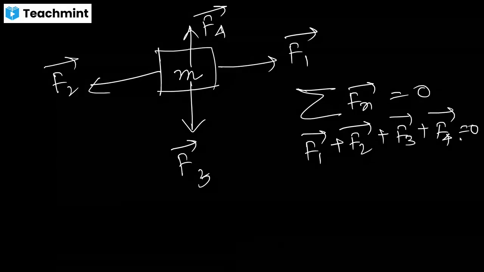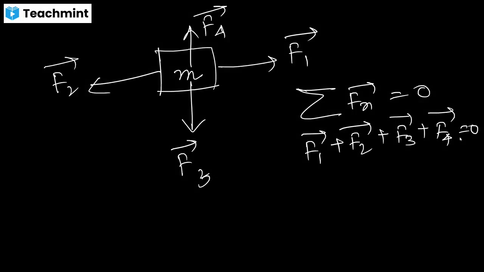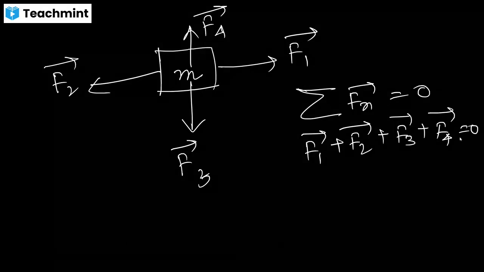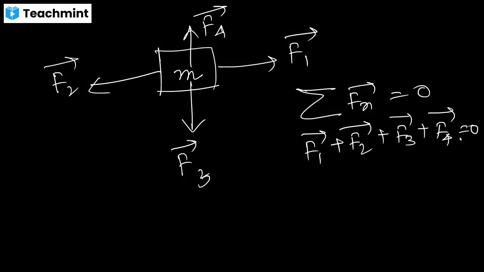Whatever force we are applying on it, if their sum is zero, there will be no change in the state of the object. But if the sum of all the force vectors is not zero, then there will be a change in the state of the object. I am repeating that. If the sum of all the force vectors is zero, then there will be no change in the state of the object.